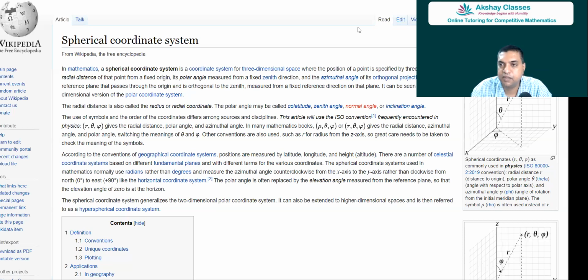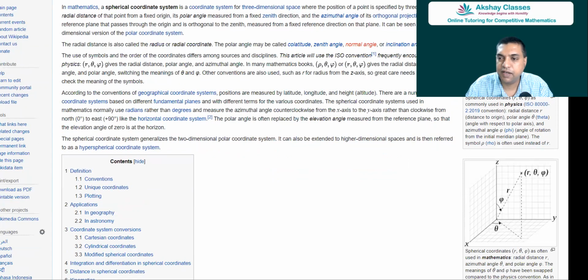This picture depicts the spherical coordinates. So, see, this is the x-axis, y-axis, z-axis. But sometimes in problems, the problem is in terms of a sphere. So we define r, theta, phi like this. r is the distance from the origin or the pole.